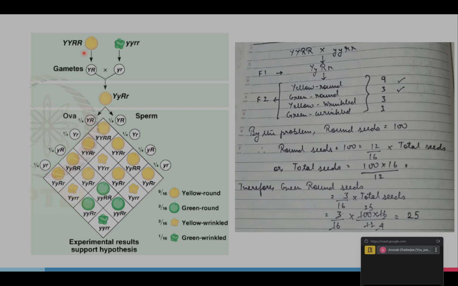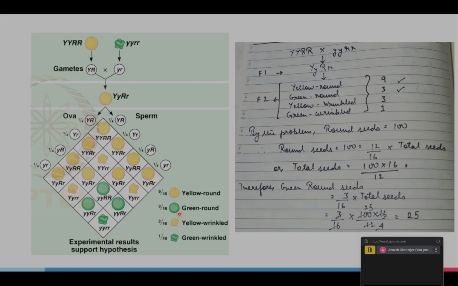And the gametes in turn would be capital Y and capital R from this plant, and small y and small r. Then we do a dihybrid cross in which you make the huge Punnett square out of it. The square is not important because we have the actual information here. Having the yellow and round dominant phenotype, the probability is 9 out of 16.